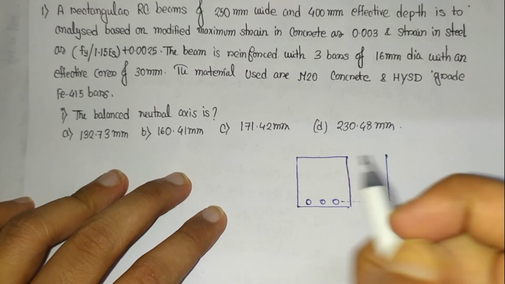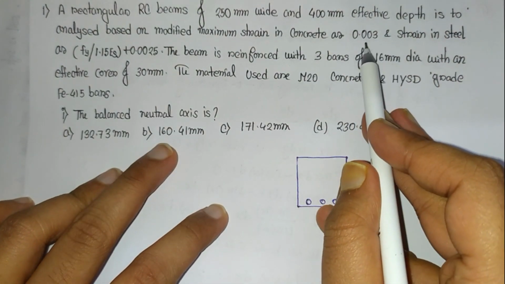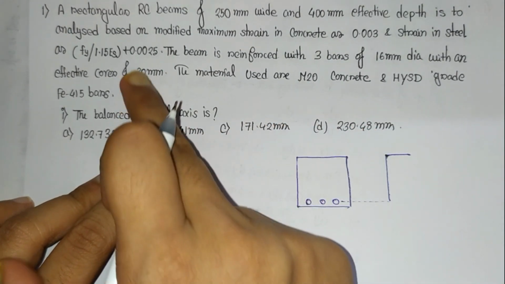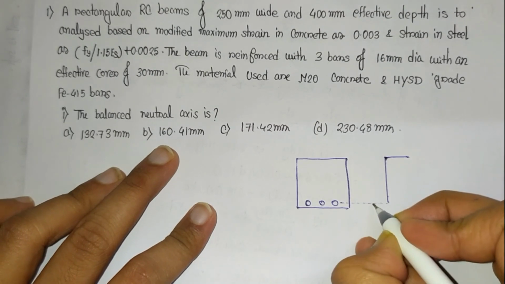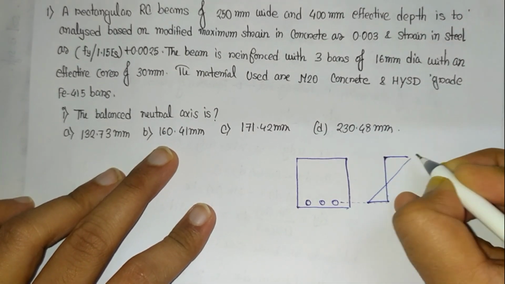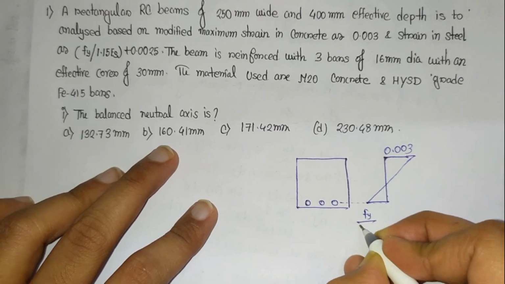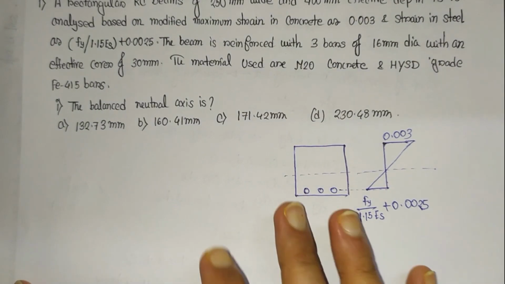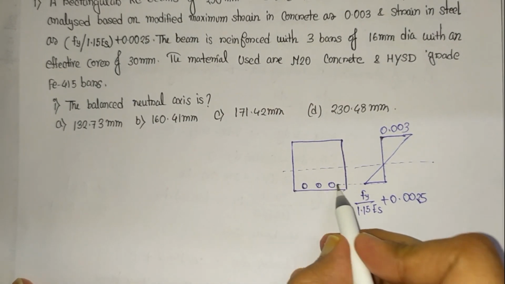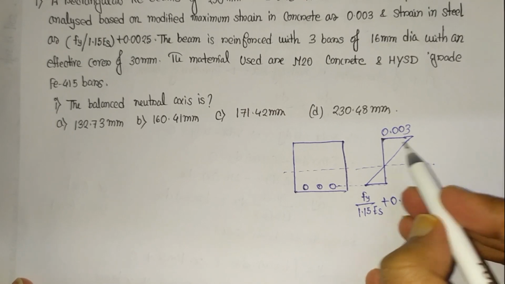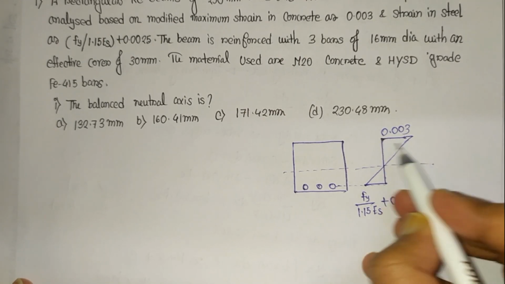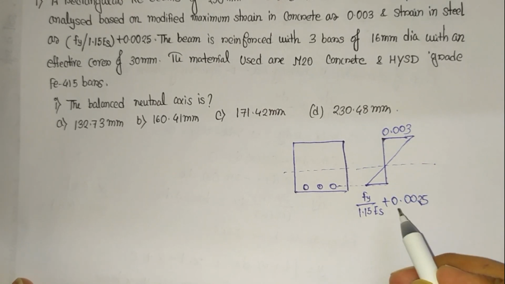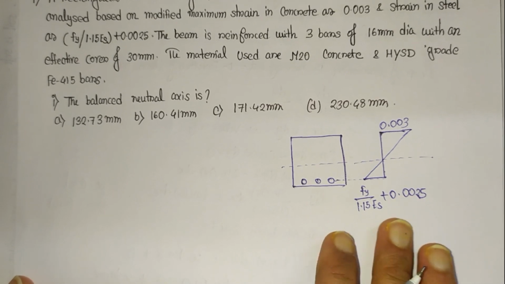The strain in concrete is given as 0.003, and the strain in steel is given as this. So this is the beam with 3 reinforcement bars, and this is the strain diagram. At the top portion is the concrete zone where the strain is 0.003, and at the bottom portion is the steel zone, where the strain is this.